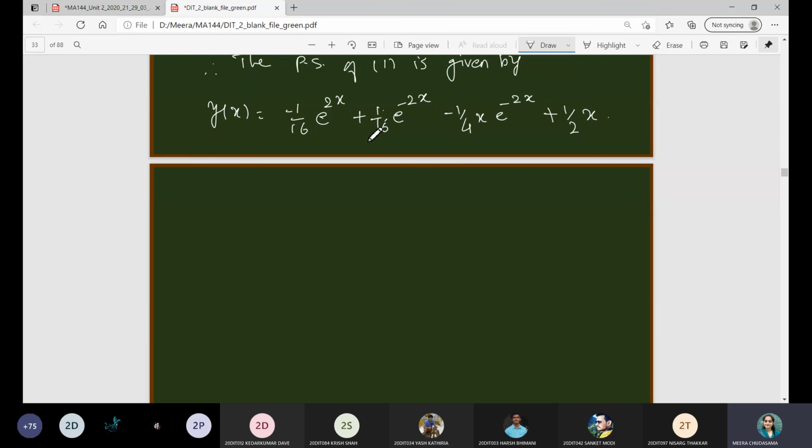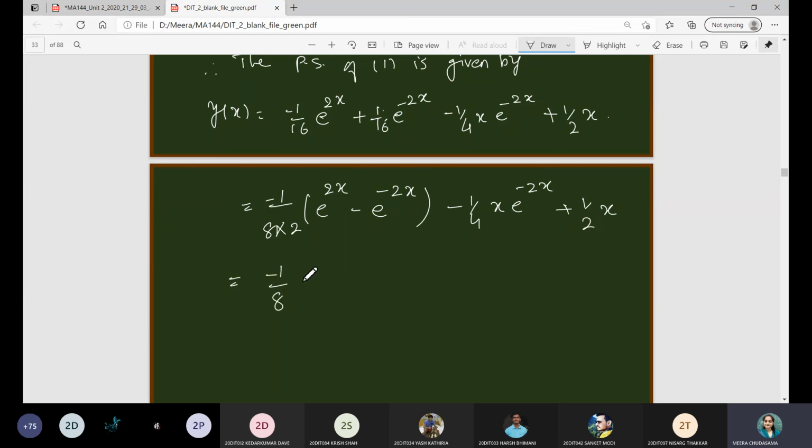If you see some of the reference books, then they might have given this expression in terms of the hyperbolic function. So you can see, I can write this as 1 upon 8 into 2 e raised to, minus sign if I consider common. So this is e raised to 2x minus e raised to minus 2x. Rest of the quantities are same. So in that case, this one turns out to be the hyperbolic function. Which hyperbolic function will it be? Sine.